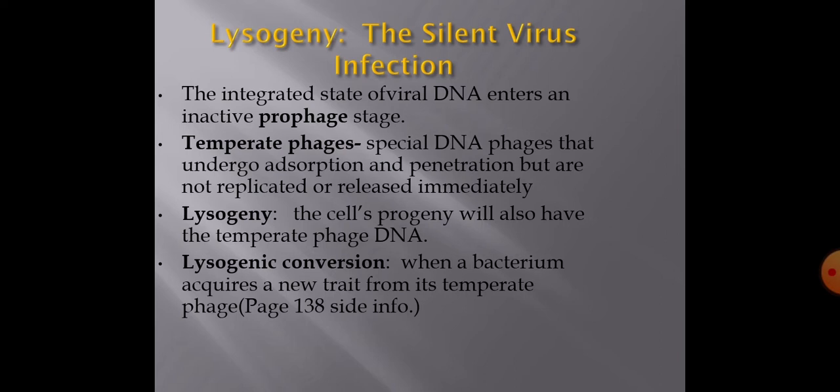Although the prophage is in an inactive state, being incorporated into the host DNA, sometimes this phage DNA may begin to express its own genes, due to which certain toxins or chemicals may be produced in the host bacterium, due to which the bacterium acquires new characters or traits. This is called lysogenic conversion.